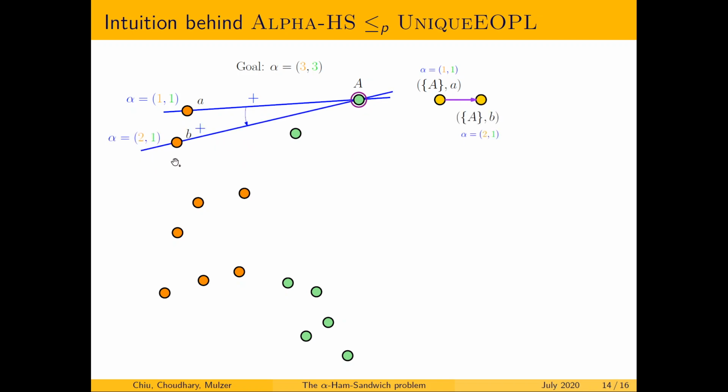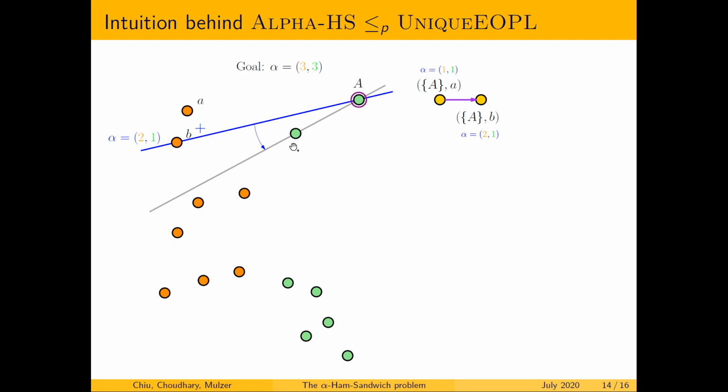We get this new line for which the alpha vector for the orange points has increased by 1. Again, this line is represented as a vertex, and this edge records the rotation from this hyperplane to this hyperplane. If we continue the rotation, this time we hit a non-colorful hyperplane because it is passing through 2 green points.